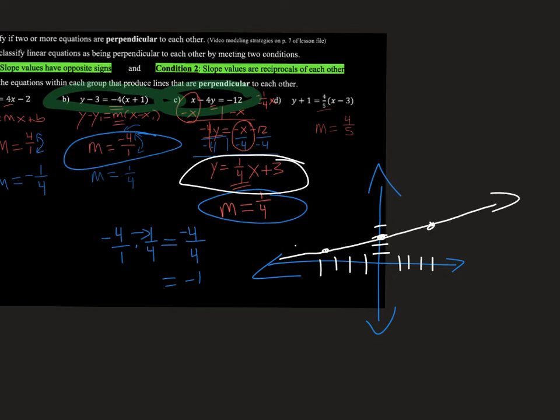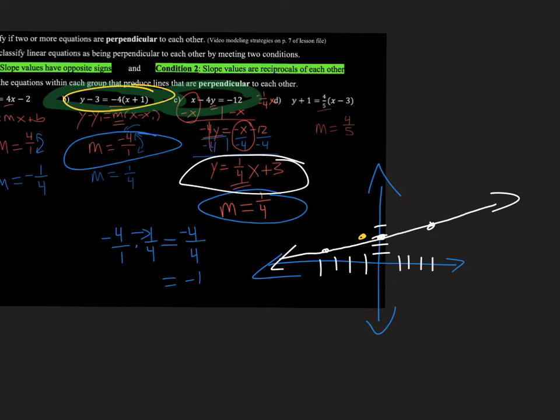Like this, and then I'll do the equation perpendicular to that, which was this equation given up here. And we have that it has a point of negative 1, positive 3. So it would have a point right about here.